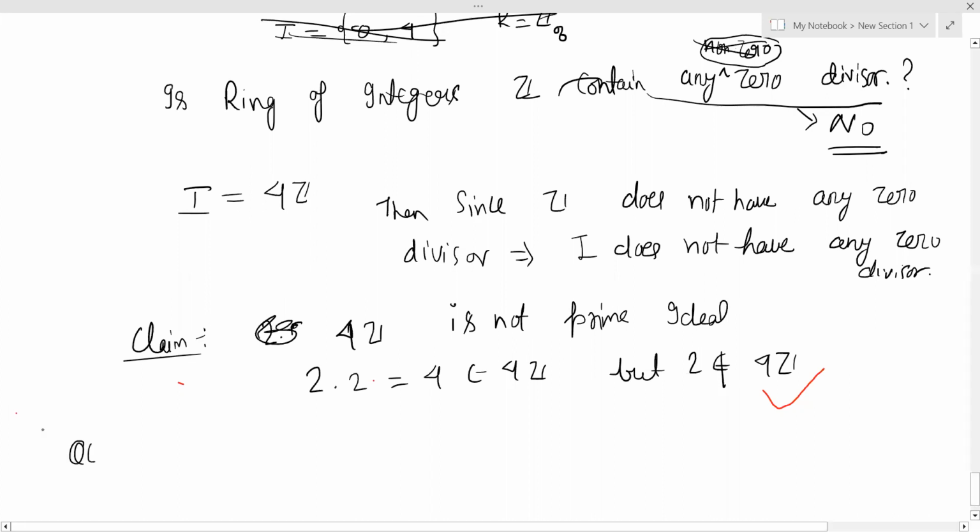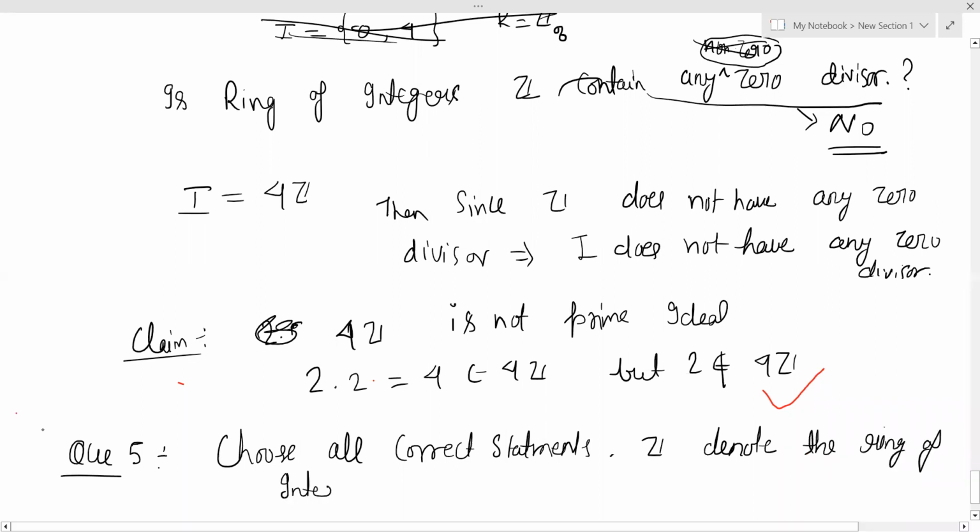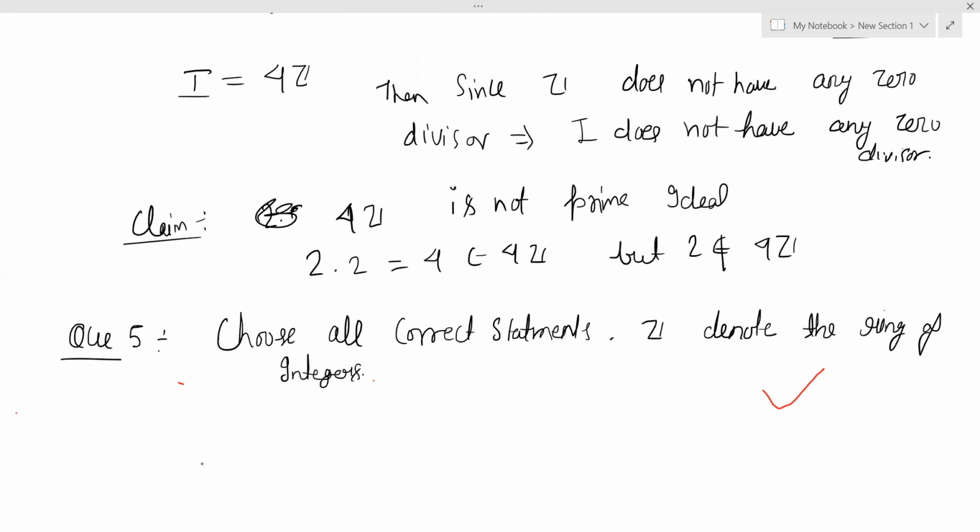Question 5. Okay, so what is the first option?